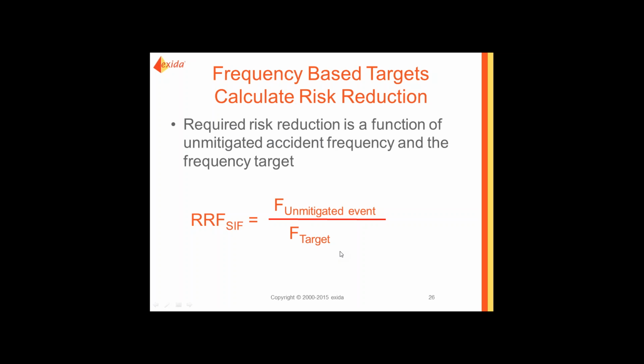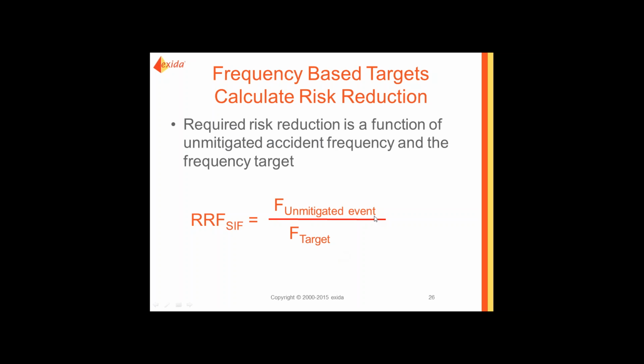So how do we calculate it? Well, the required risk reduction is a function of the unmitigated accident frequency and the frequency target. The unmitigated event frequency is what is the residual amount of risk left after you've taken into consideration the layers of protection you have.